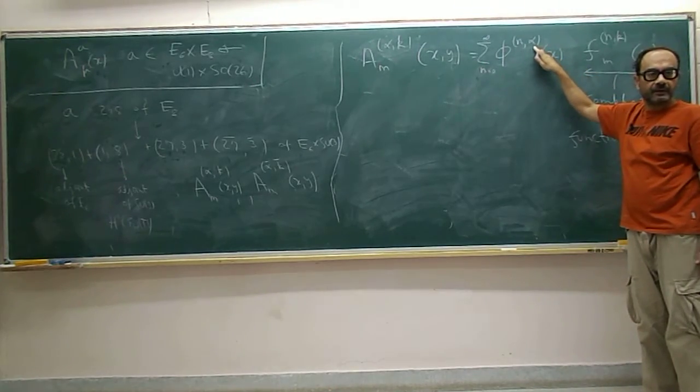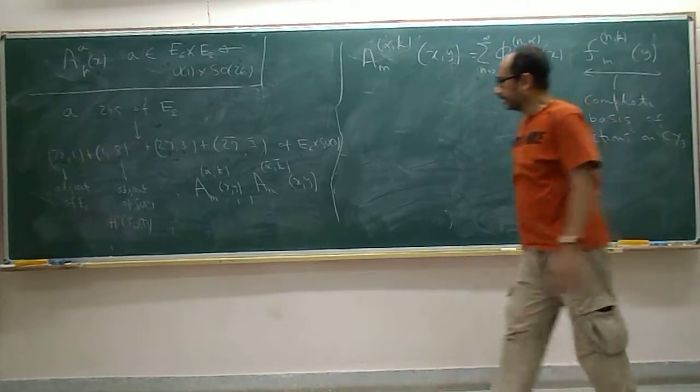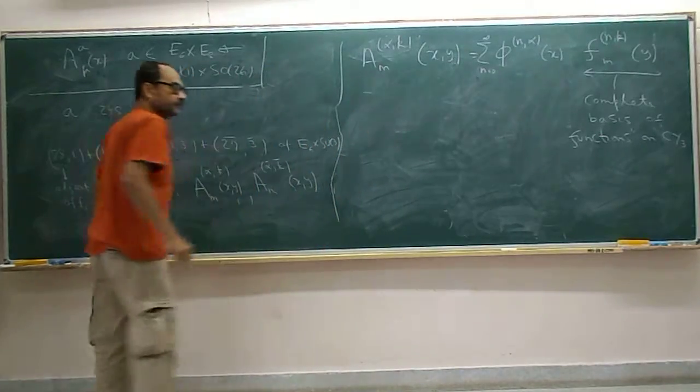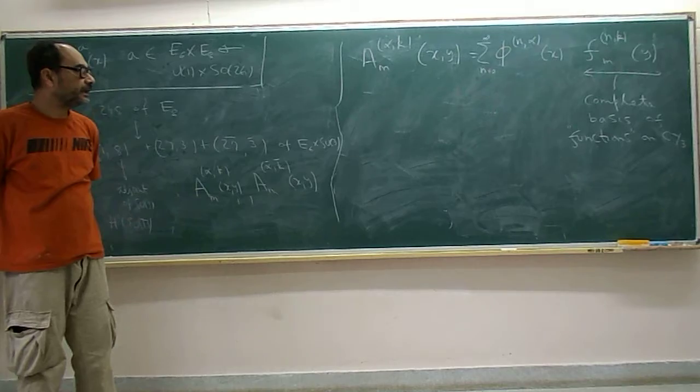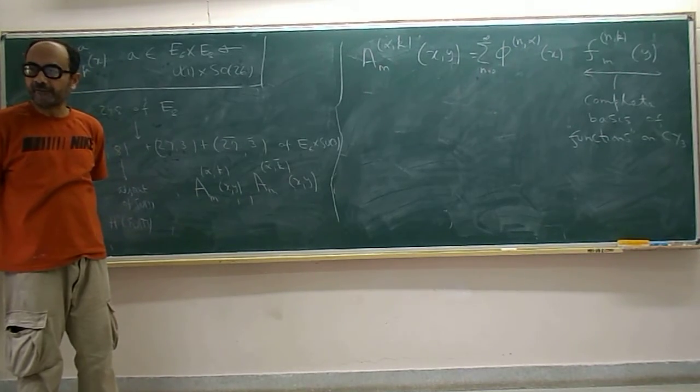Alpha was the E6 index. That's why you are letting the internal one depend only on SU3 and not E6. Exactly. Now why have I done that?